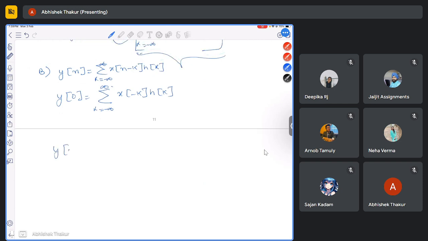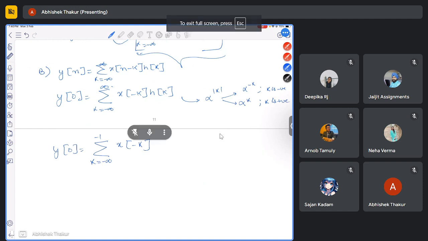So y of 0 is equal to, k from minus infinity to minus 1, what will be the value? x of minus k, and h of k is our alpha to the power of mod k. So this will be alpha to the power of minus k for k negative, and alpha to the power of k if k is positive. So this is just the definition of the mod function.